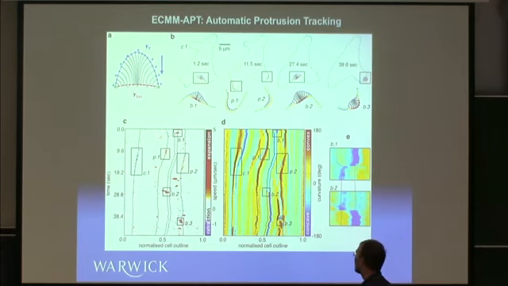Here you see a time-space plot, with time going from top to bottom, and here the normalized coordinate along the contour. And so you see different events, for example, here, a contraction at the rear in blue, or you see protrusions, or you see very fast flaps.